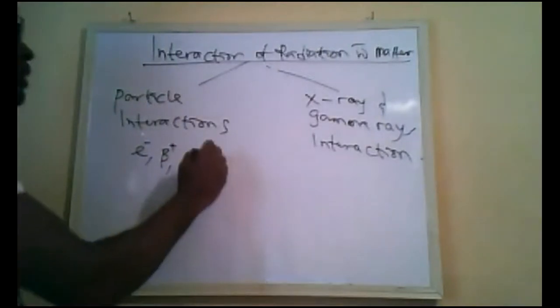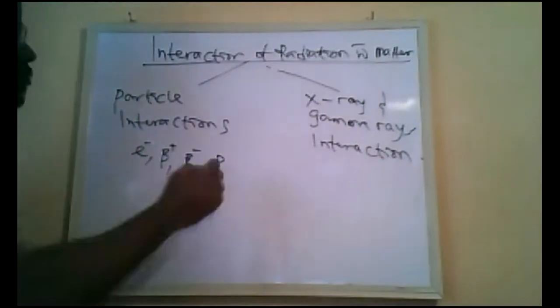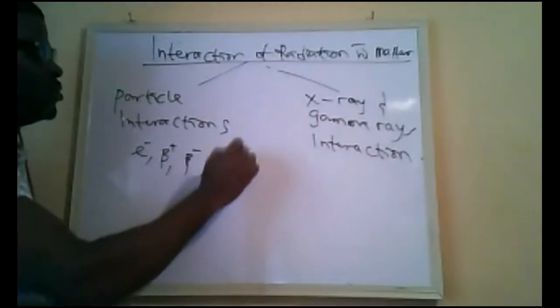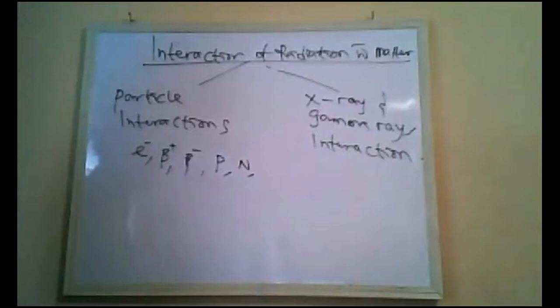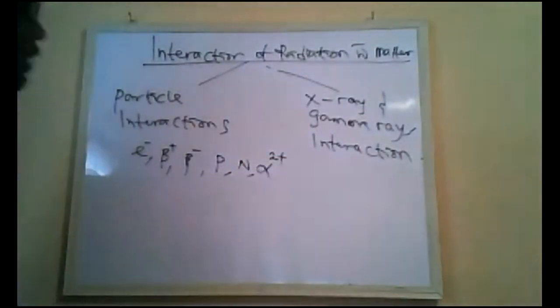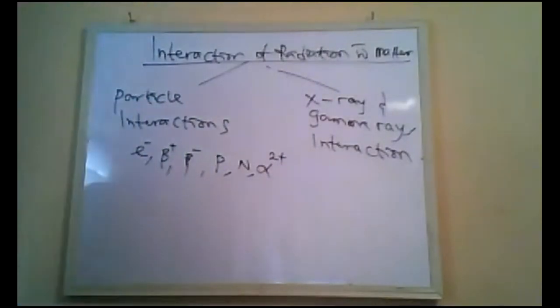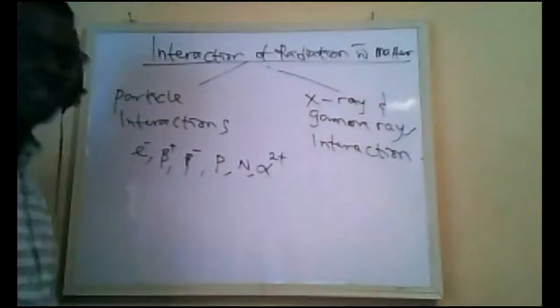We're looking at the interactions of protons with matter, neutrons with matter, and alpha particles with matter. Because at times they can be interwoven.